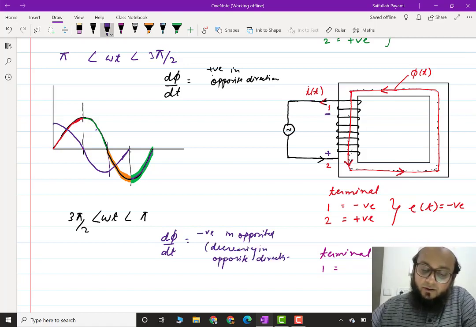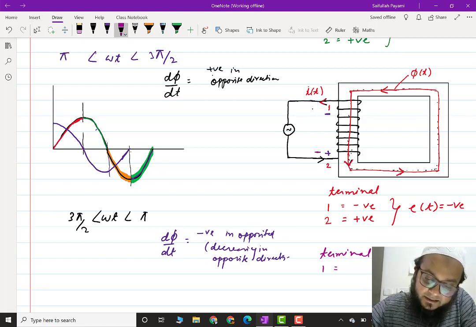So terminal 1, now in this case the direction of the current should be in such a way that it should try to increase the flux, and this is only possible when this terminal is negative and this terminal is positive.